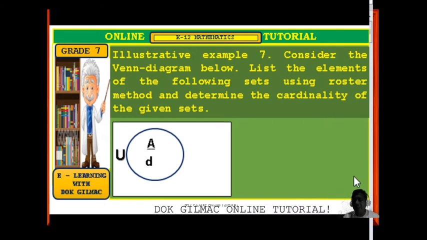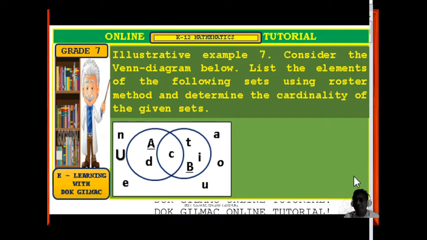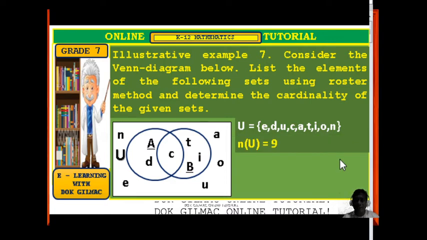Then we have set A. Then we have set B. As you can see here, set U is just equal to EDUCATION. So how many elements does set U have? We have 9 elements. Therefore, n of U is equal to 9. So take note of that.